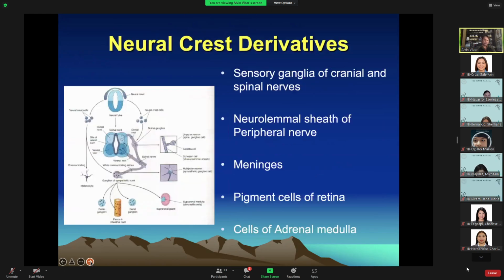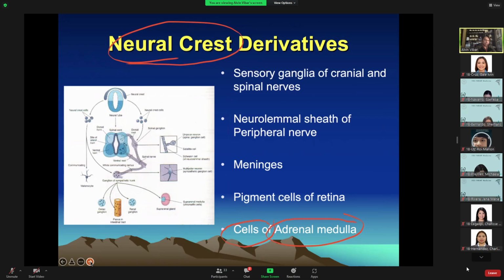Neural crest. Okay, let's go back. I think this was mentioned already during our lecture on the development of the endocrine system. Remember the adrenal gland? The adrenal gland has two parts coming from two embryonic origins. Adrenal cortex, mesoderm, but the adrenal medulla, the chromaffin cells of the adrenal medulla, are classified as neural crest derivatives.